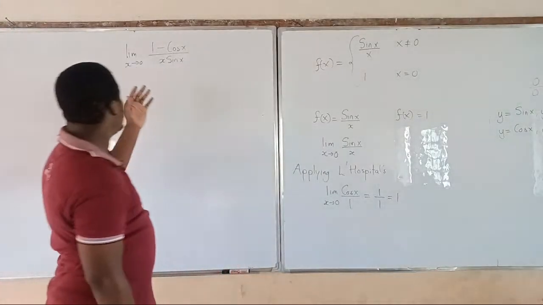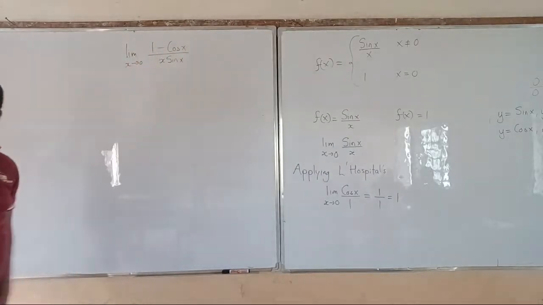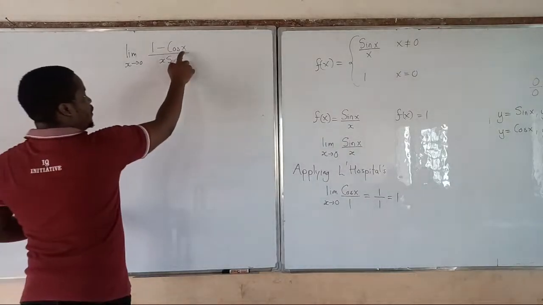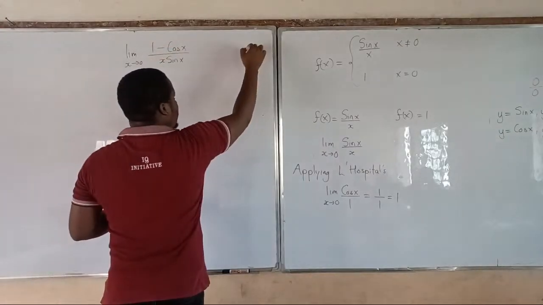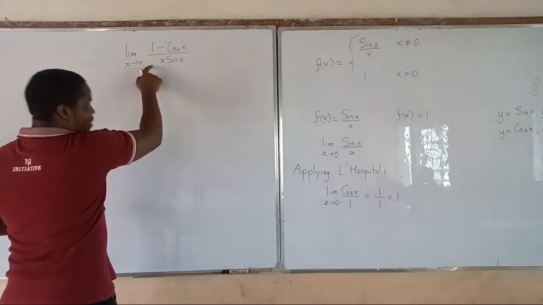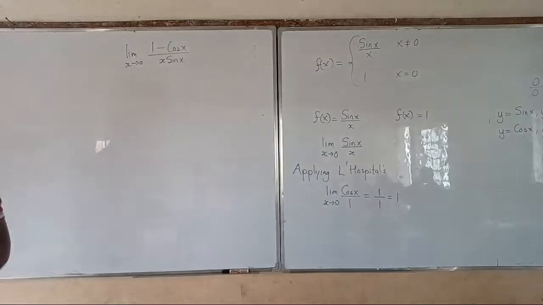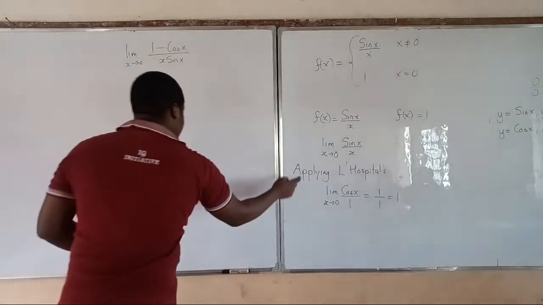By trying it out, we mean where there's x, put 0. Put 0 where there's x. Remember, we put 0 here, what do we get? 1. 1 minus 1, 0. Put 0 here, everything is just 0. So 0 over 0.